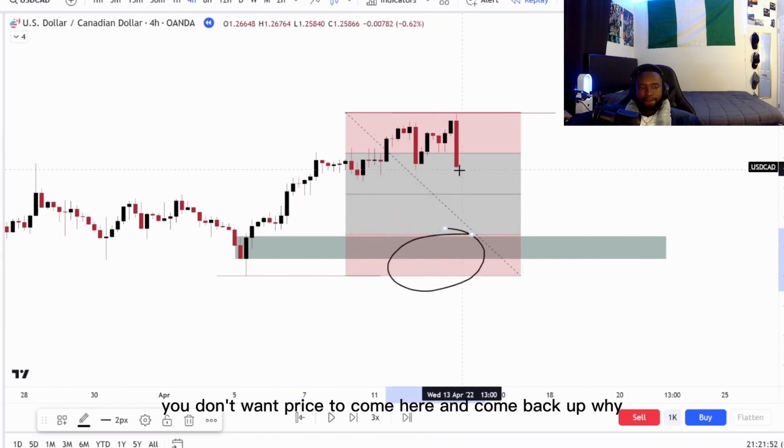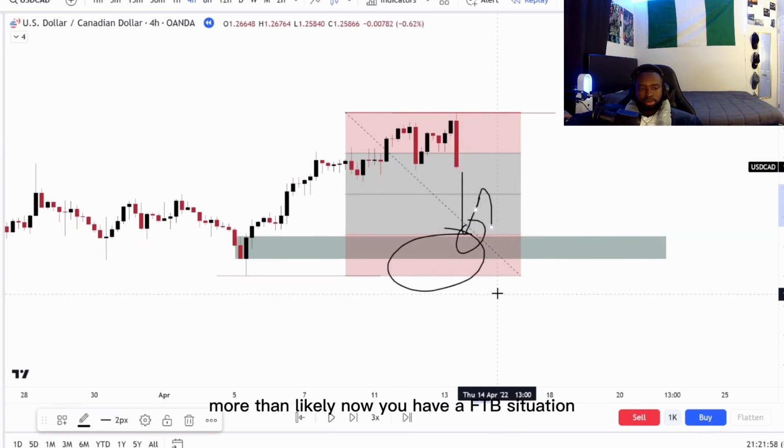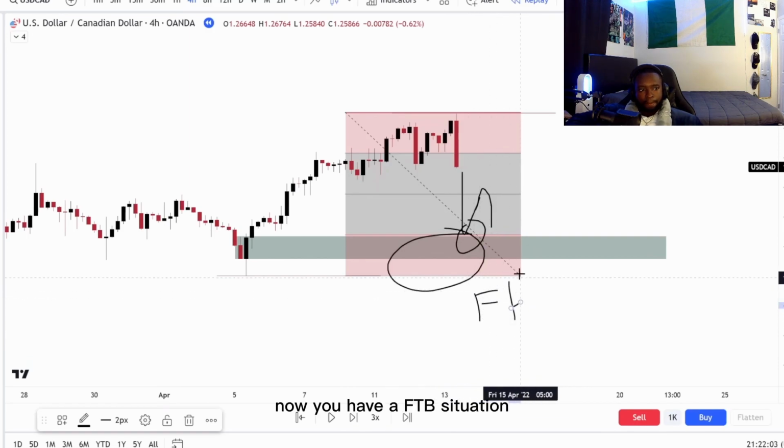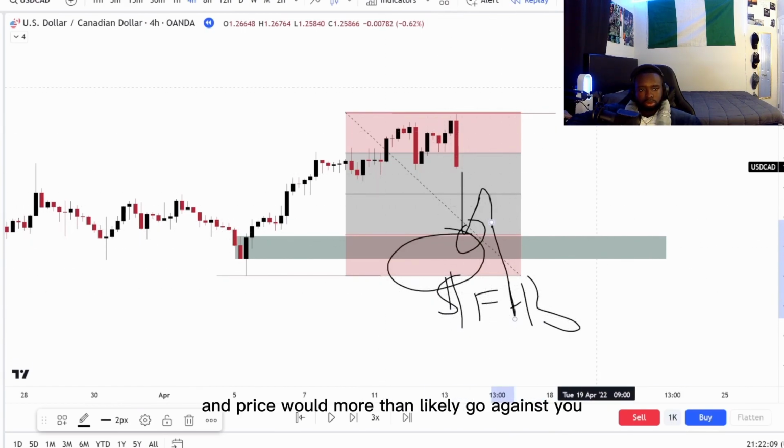You don't want price to come here and come back up. Why? Because if it hits this level and then comes back up and then comes back in, more than likely you have a FTB situation, which means the liquidity is rested right here and price will more than likely go against you.